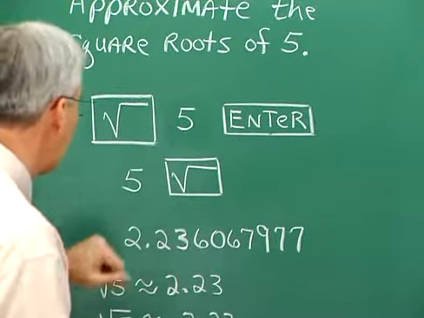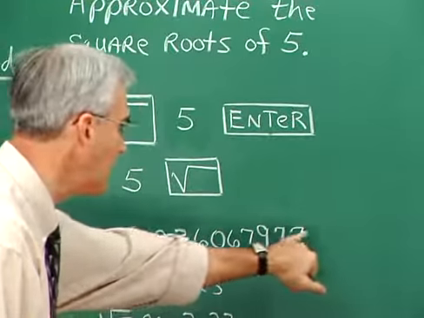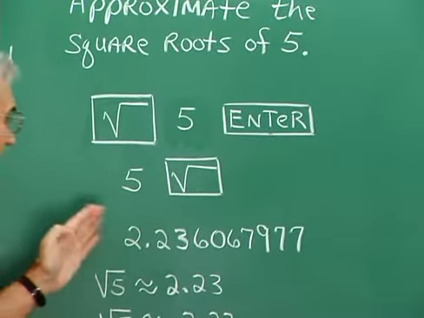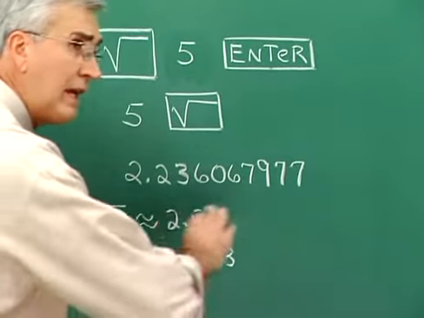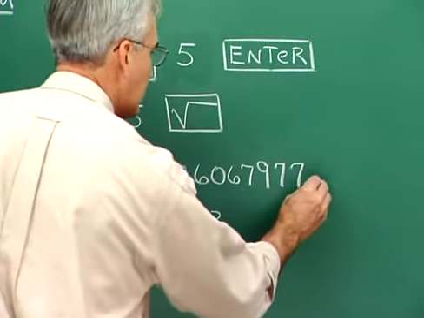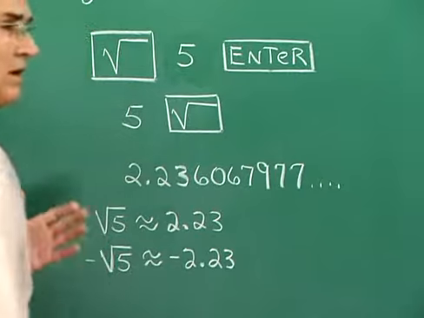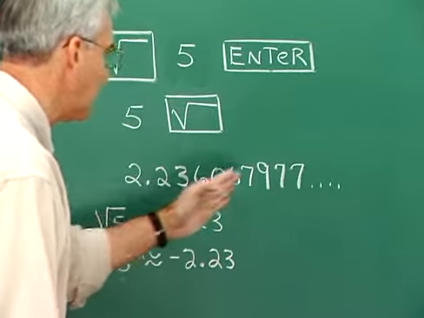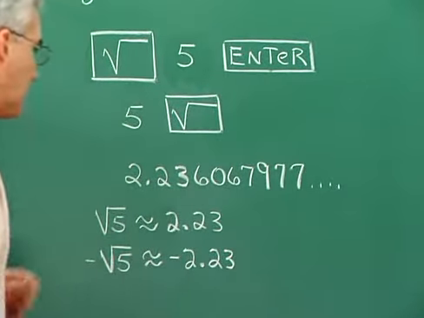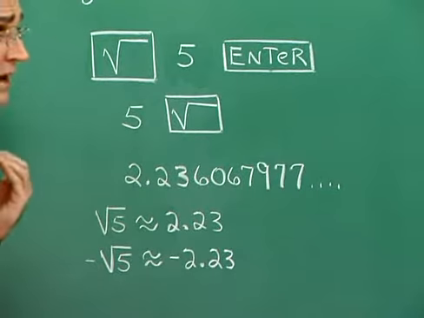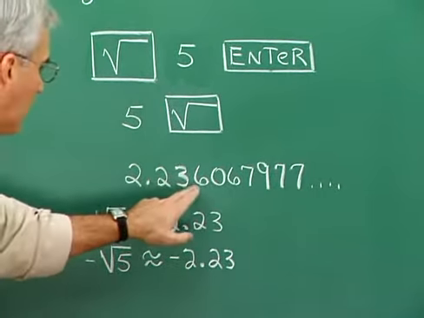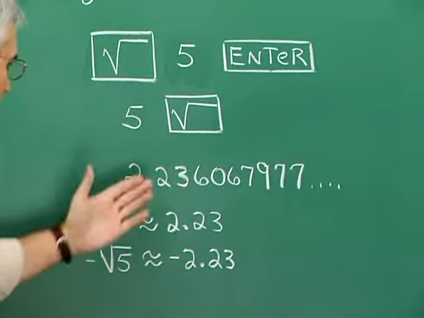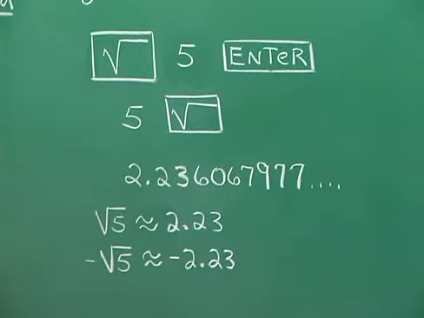Now, in the calculator, we get a very long decimal. And by the way, the exact value for the square root of 5 is a never-ending and never-repeating decimal. So this actually goes on and on and on. The calculator, though, has available only a certain number of characters, so we might get a decimal like this. We would like to approximate the square roots of 5, so we would round off to some pre-designated spot, and I've chosen to round off here to the nearest hundredth.